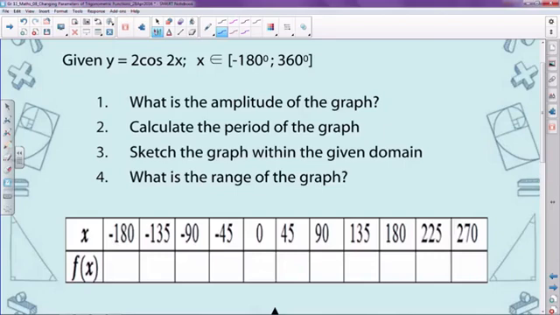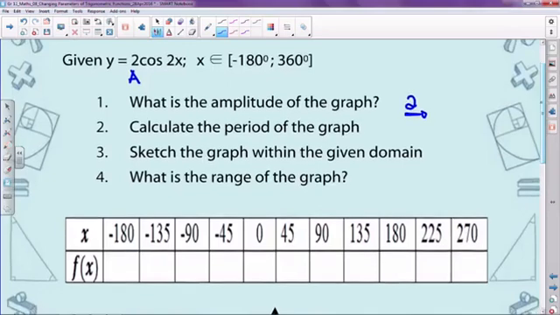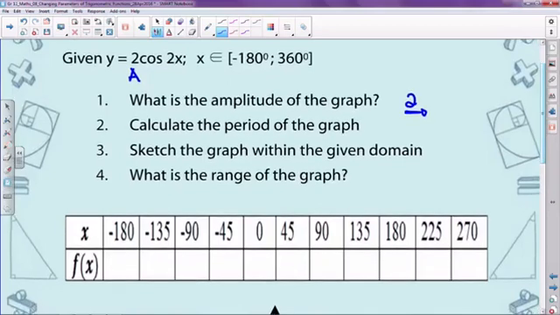That is that A, the capital letter A. So our amplitude here is 2 for this graph. And then now you need to calculate the period of this graph. Now remember from our note that the period is determined by that B. So this is in a form of cos Bx.